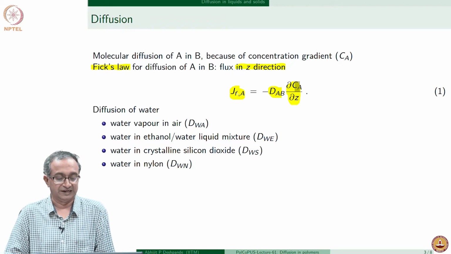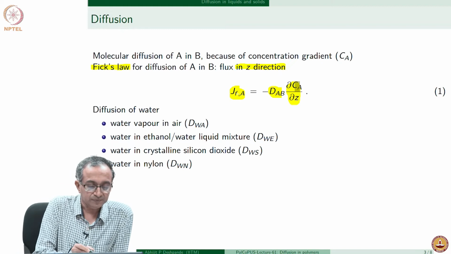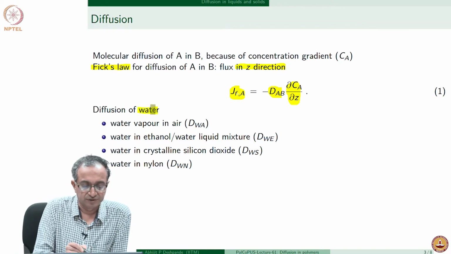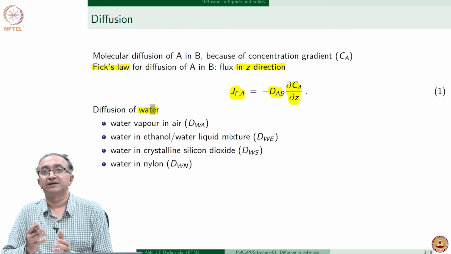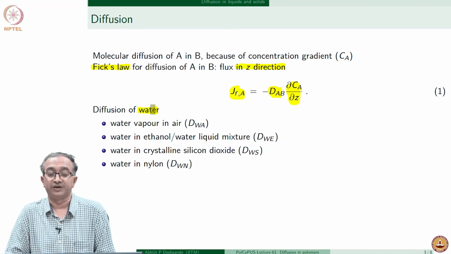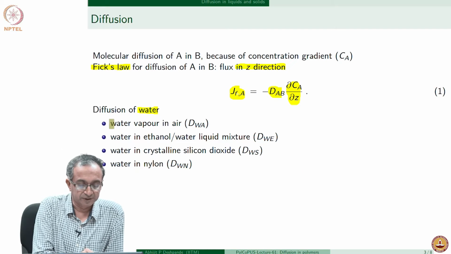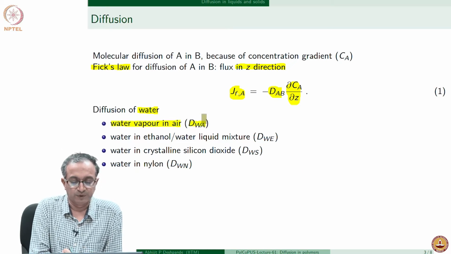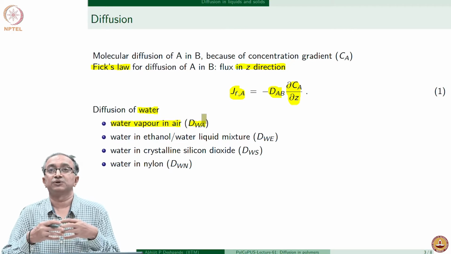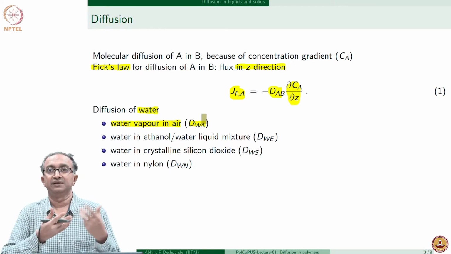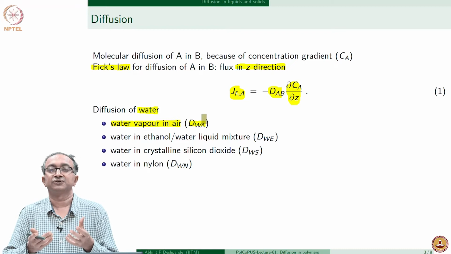and smell it. So, the diffusion of, let us say, water depends on where and what molecules we are talking about. Water vapor in air, for example, is one diffusivity. This is the gas phase diffusivity of water. So, water is present as water vapor, and the surrounding molecules of oxygen and nitrogen in air are also there.